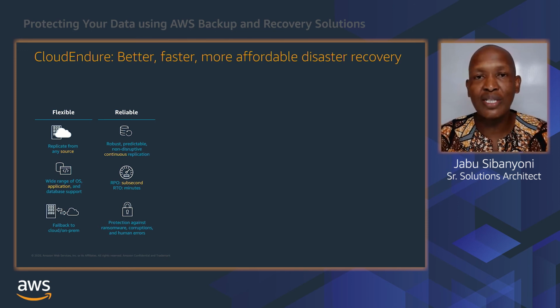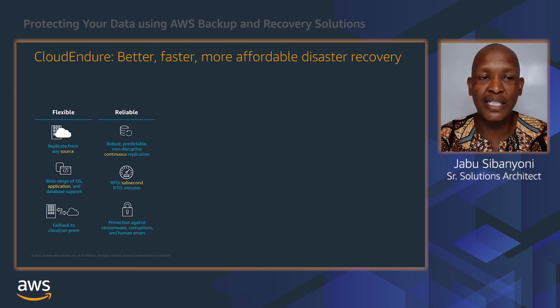So if you are continuously replicating your data into AWS Cloud, this allows you to have sub-second RPO, also allowing you to have the RTO within minutes. Your recovery time objective can be reduced to be within minutes.